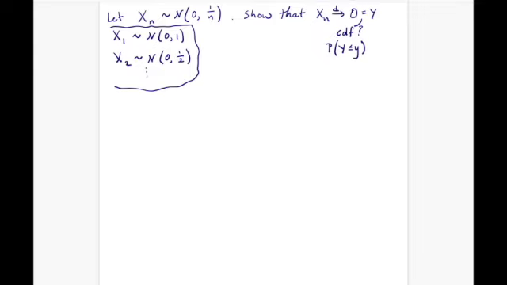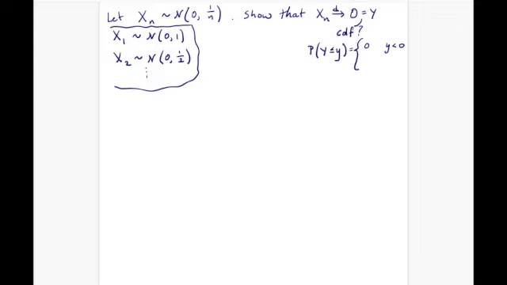Well, I think what we'll have here is that if little y is less than 0, then we should have 0, right?